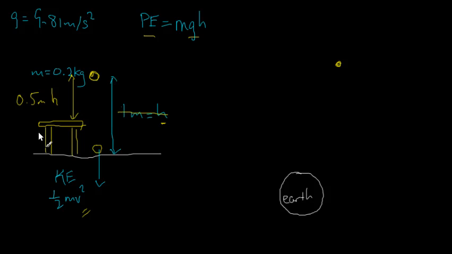So the method that I described previously is that we think of this level, the table, as a reference level. Let me write this down. I think of this as a reference level, so that when I think about the meaning of mgh, I think about it as work done against the gravity. If I need to bring the ball from here, let's say I will have the ball here at the beginning and I bring it all the way up to there.